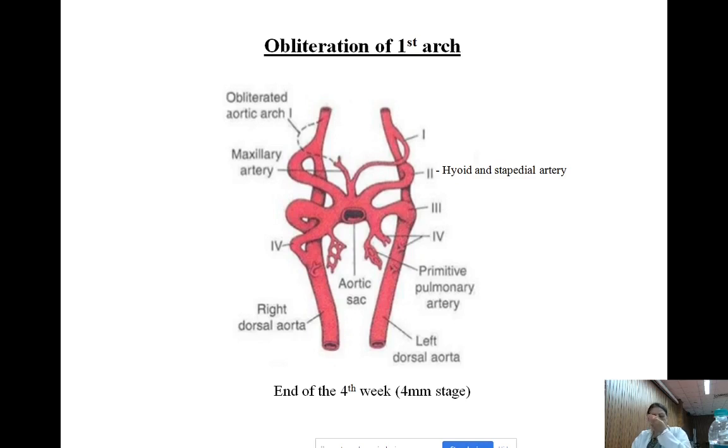So the sixth arch is connected to the pulmonary trunk, and from that sixth arch the pulmonary arteries appear. Before the sixth arch appears, they can be seen coming from the dorsal part of the aortic arch, which will later form the sixth aortic arch.